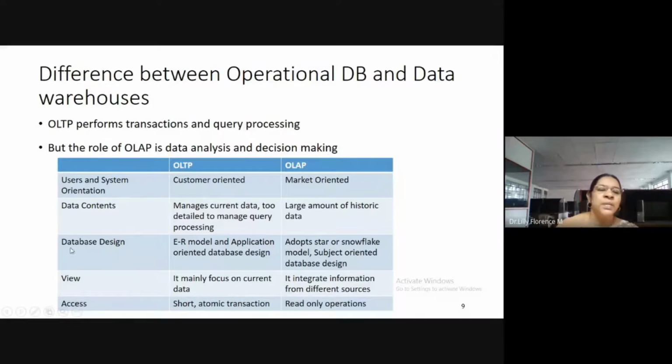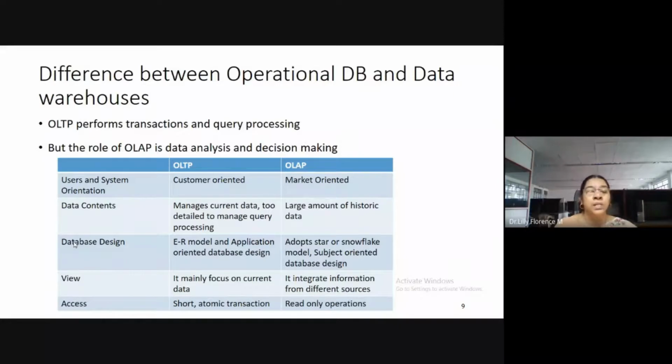And for the database design, the operational database follows the entity relationship model and an application oriented design. The ER model is followed for schemas, but the design is application oriented. Every database is specific to a particular application. A banking application has its own database structure, railway has its own, and online shopping has its own.